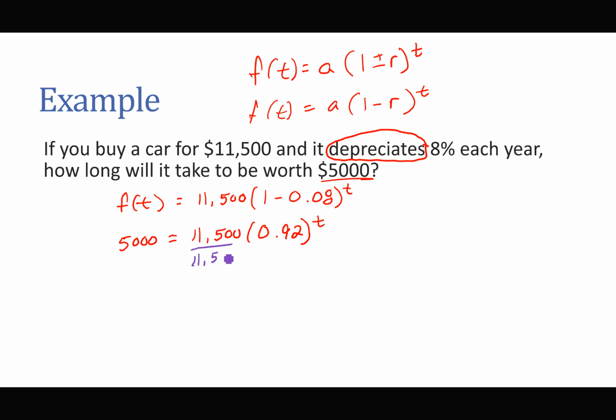So I'm going to divide this out on both sides. $5,000 divided by 11,500. I'll just tell you, we'll leave it as a fraction, 10 over 23 equals 0.92 raised to the t power.